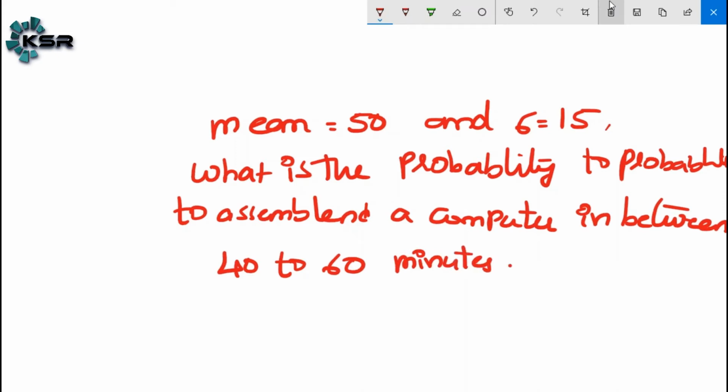What is the probability in between 40 to 60 minutes?